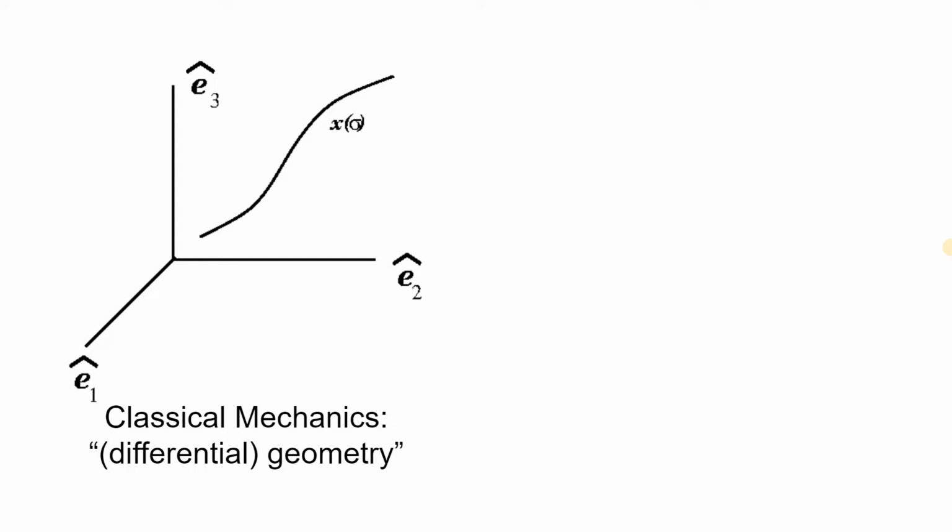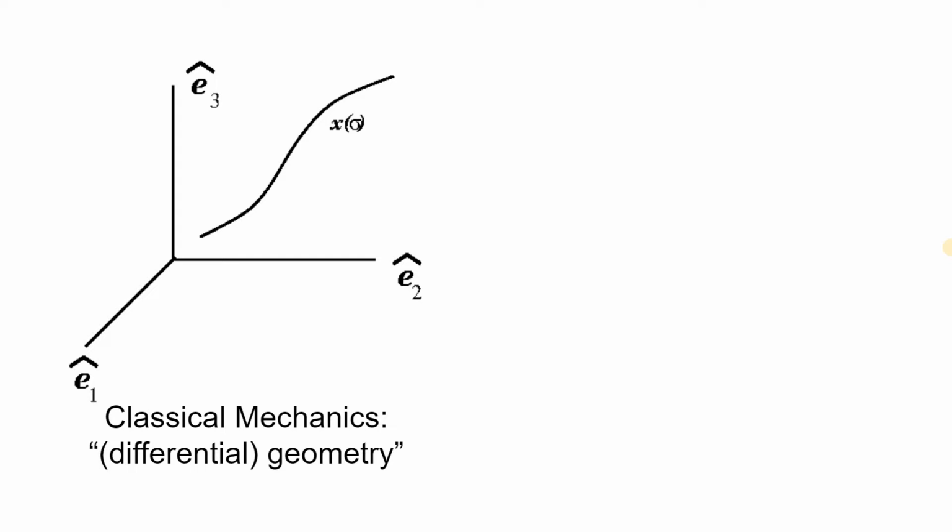In classical physics, and for most of your undergraduate studies, you basically build your whole intuition on this framework: Euclidean three-dimensional space, or maybe even space-time, and a continuous trajectory of a particle or a mechanical system in it.